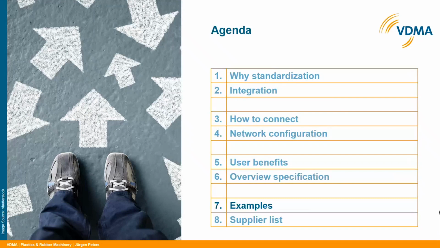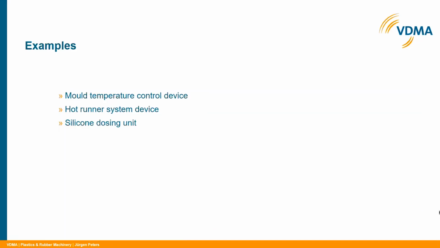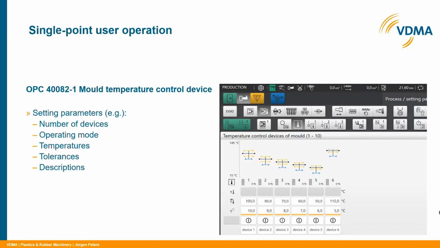Now I would like to show you examples from our real practice. For this, I have prepared 3 different examples from our ARBURG controller, showing how we integrated mold temperature devices, hot runner systems, and a silicon dosing unit. The first example shows the integration of 6 mold temperature control units with EUROMAP 82.1 or OPC 40082.